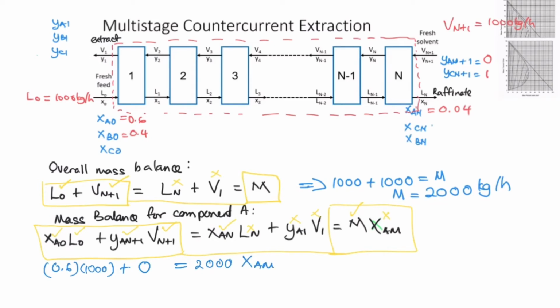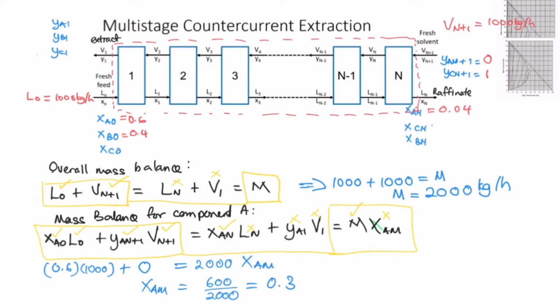Now you can solve for your XAM, which is equal to 600 divided by 2000. That will give you 0.3. So the mass fraction of the mixture, which is XAM, is 0.3.